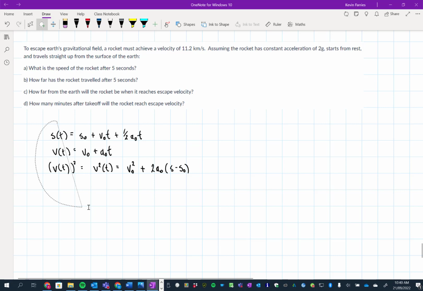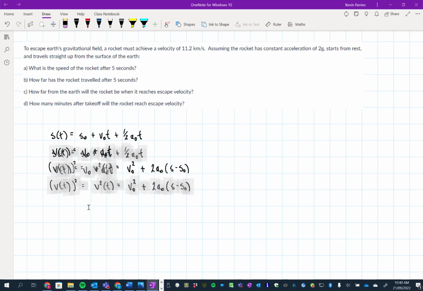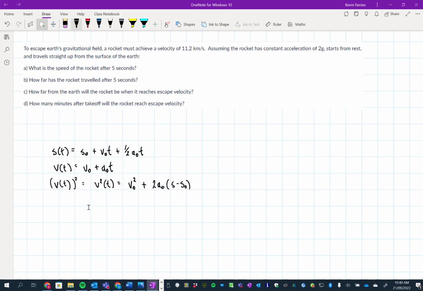And for all of these things, these are only true when the acceleration is constant, so it's not changing for a given stage. It can change between stages, but for a given stage where these equations are going to apply, your acceleration at time t is just equal to a constant. So that's why you write a naught. It's just a constant number, so it may be 10 meters per second squared, and it's going to stay like that for the whole stage of this motion.